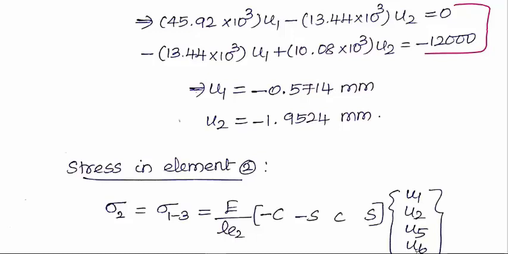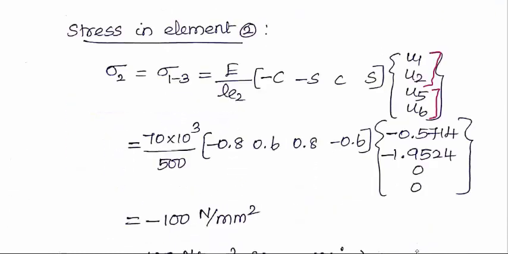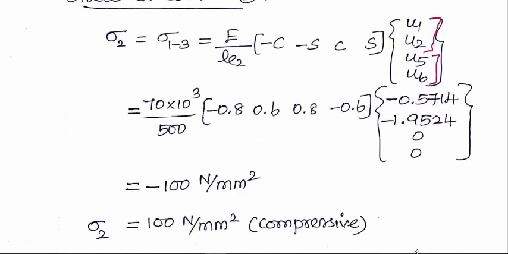Because the second element is connected by nodal points 1 and 3, the corresponding displacement components for nodal point 1 are U1, U2 and for nodal point 3 are U5, U6. Okay, so by substituting the values, we get the stress induced in the second element as minus 100 Newton per mm square, that is 100 Newton per mm square in compressive nature.